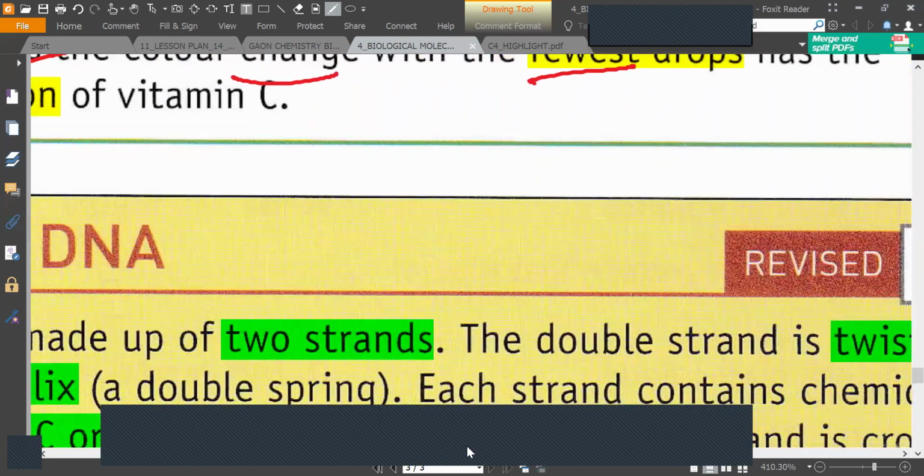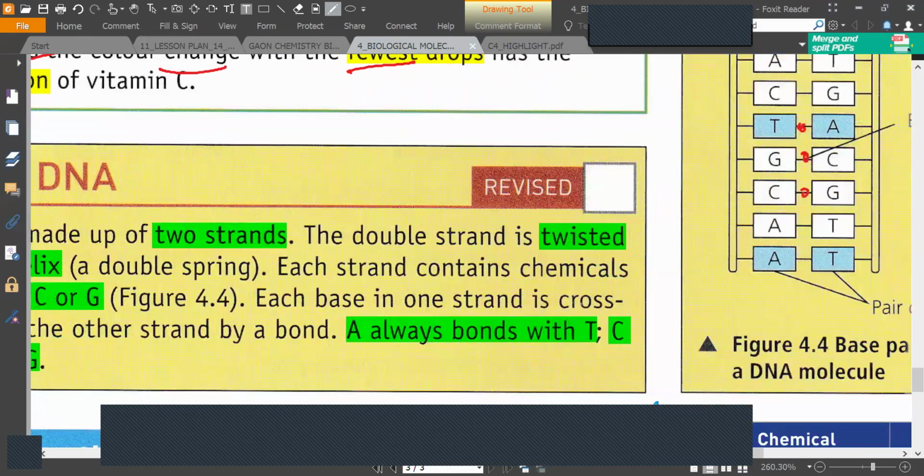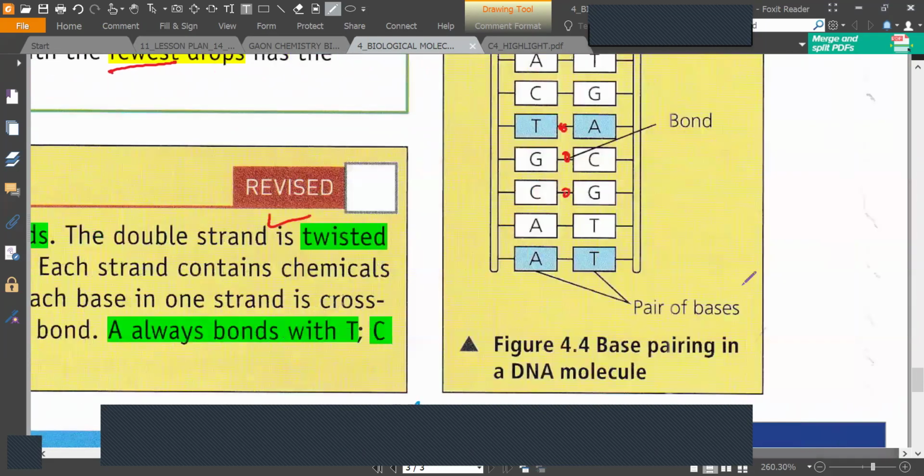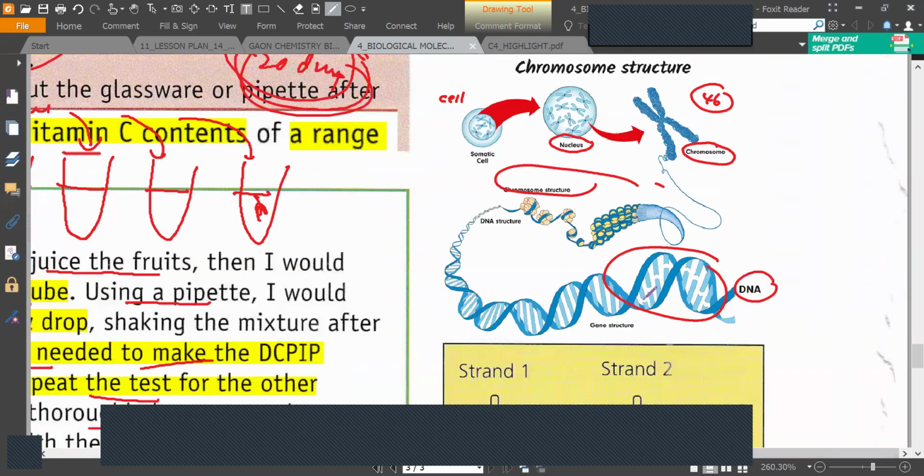So this is what we call DNA. This DNA molecule is made out of 2 strands, twisted to form the double helix, which we saw just now.